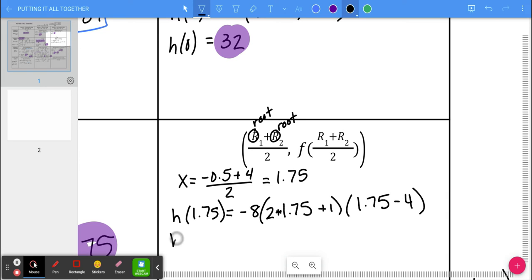And then if you carefully type everything into your calculator, this comes out to be 81. So your vertex is the ordered pair 1.75, comma 81.